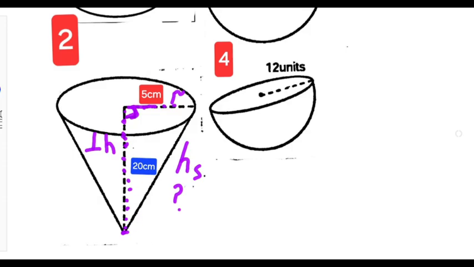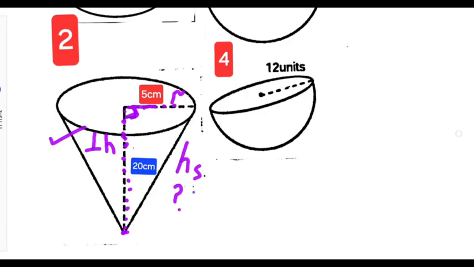So you must remember, the slant height runs from the side of the base to the top of the cone. We always use the slant height to determine the surface area. So when you need to find the surface area, we use the slant height, and the perpendicular height we use for the volume.